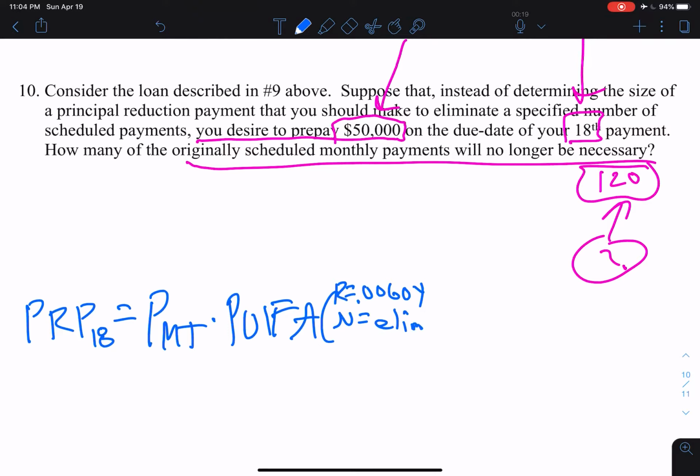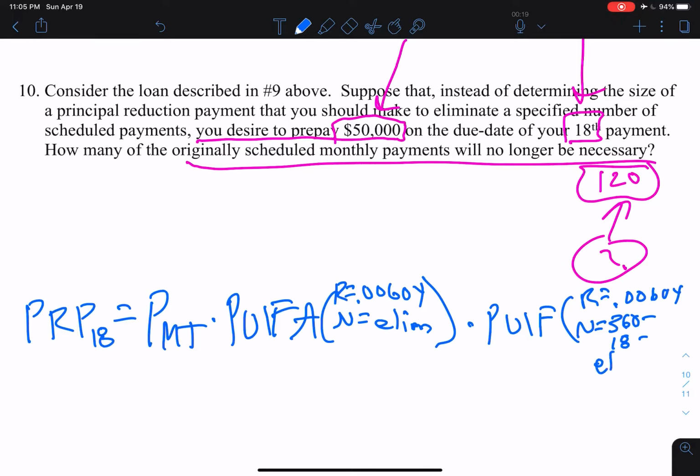I'll just call it elim. And then we multiply that by a PVIF, where we have the same R, 0.00604, and N is equal to 360 minus date 18 minus the number of payments to be eliminated.